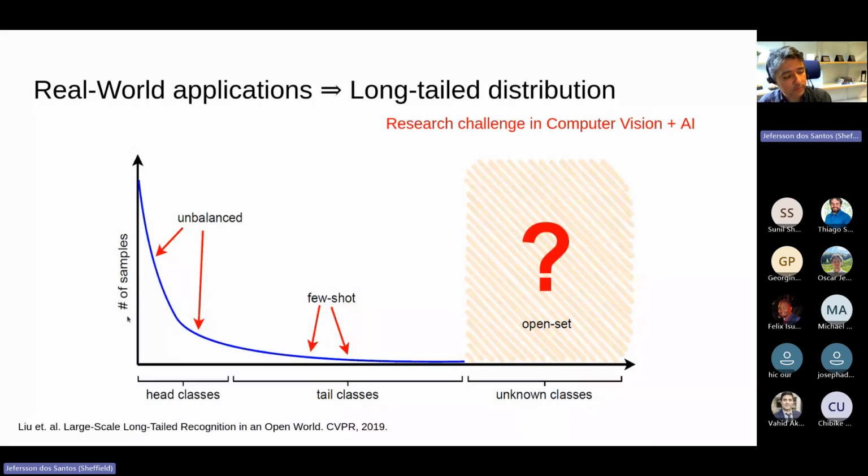All of these problems are connected in the real world, and this is why I'm very interested in this topic, because this is an open problem in artificial intelligence, and it can help to identify new species in a real world application like environmental monitoring.